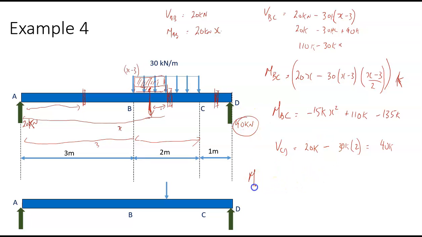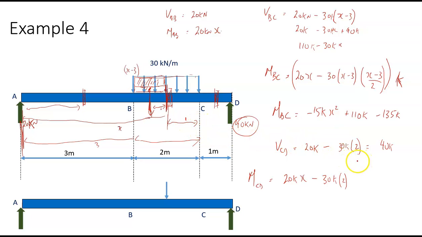And then the moment from C to D is going to be equal to 20k by x, and that's that one. Then this guy here is going to be minus 30k by 2, that's the load, 30k by 2. And then that distance is going to be the centroid here, so that's 1 meter.